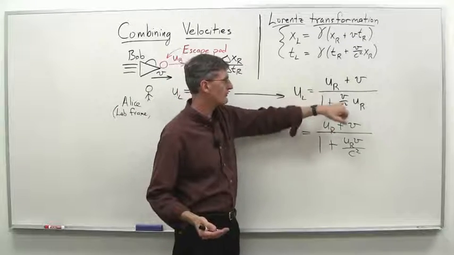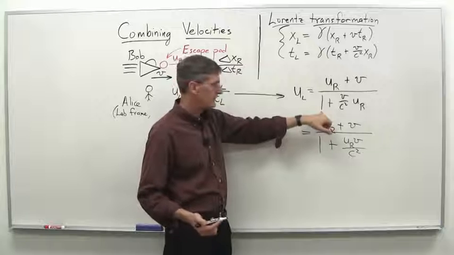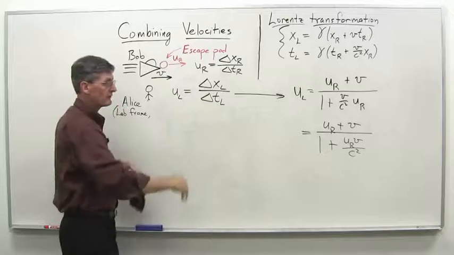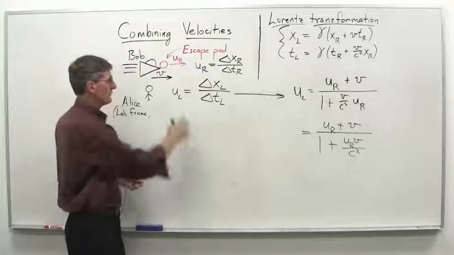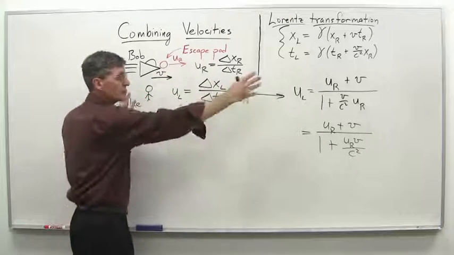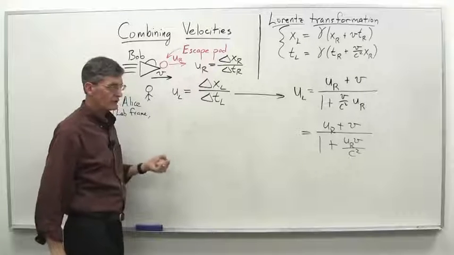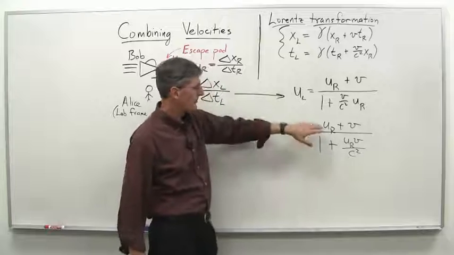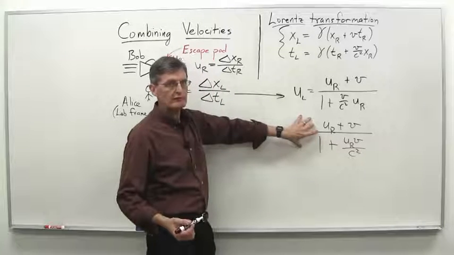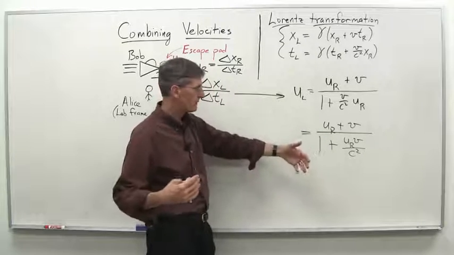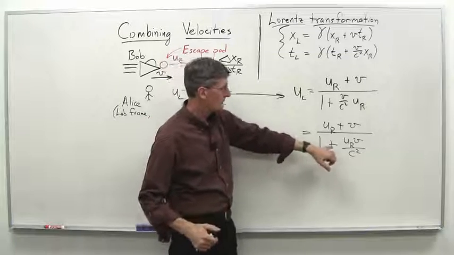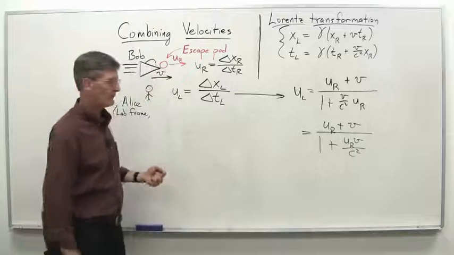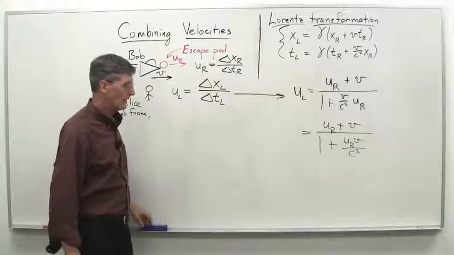This just becomes u sub r plus v over 1 when v, the relative velocity between the two frames of reference, and u sub r, the velocity of the escape pod, or the object in the other frame of reference, are small compared to c. So we see that this reduces to our normal Galilean transformation, addition of velocities, when u sub r and v are non-relativistic, as we might say. In other words, not near the speed of light.